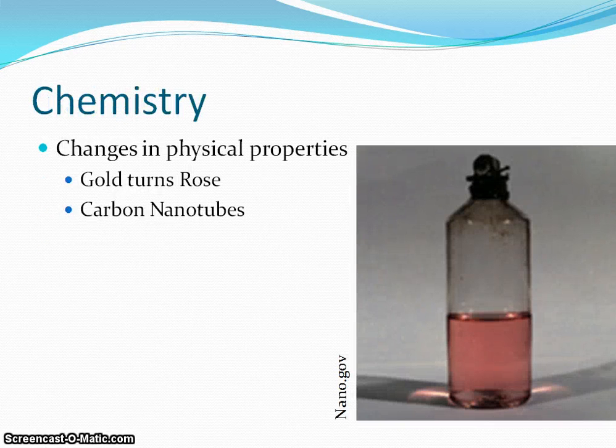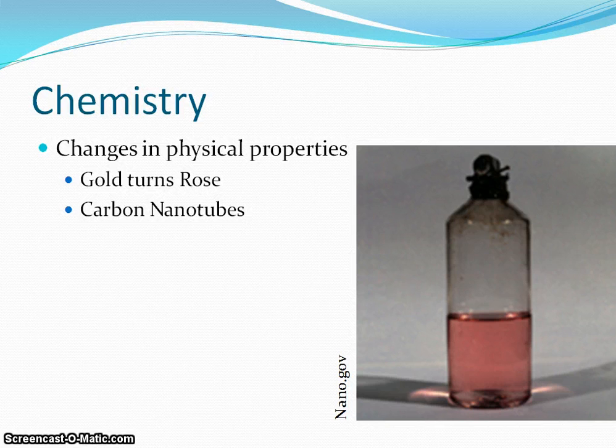We have some chemistry things. The chemistry about nanotechnology is very interesting because it changes the physical properties, they don't really change, but the true properties come out, I guess you would say. Like in this vial here, that's actually nanoparticles of gold, which turns a rose color when you get the nanoparticles.